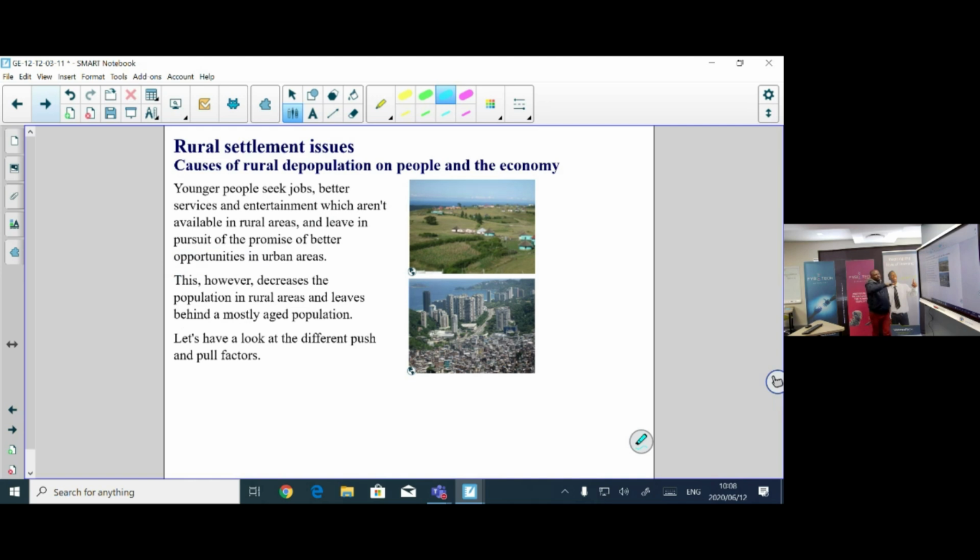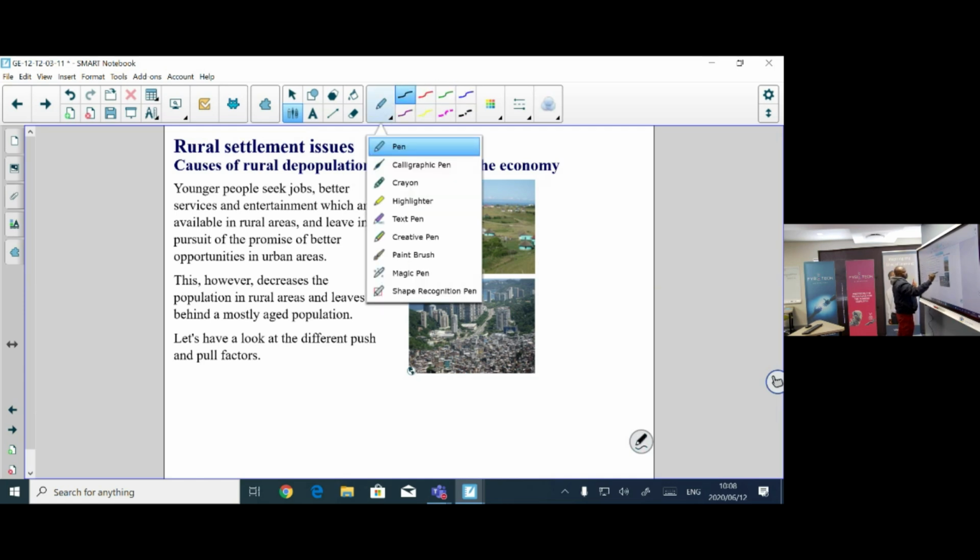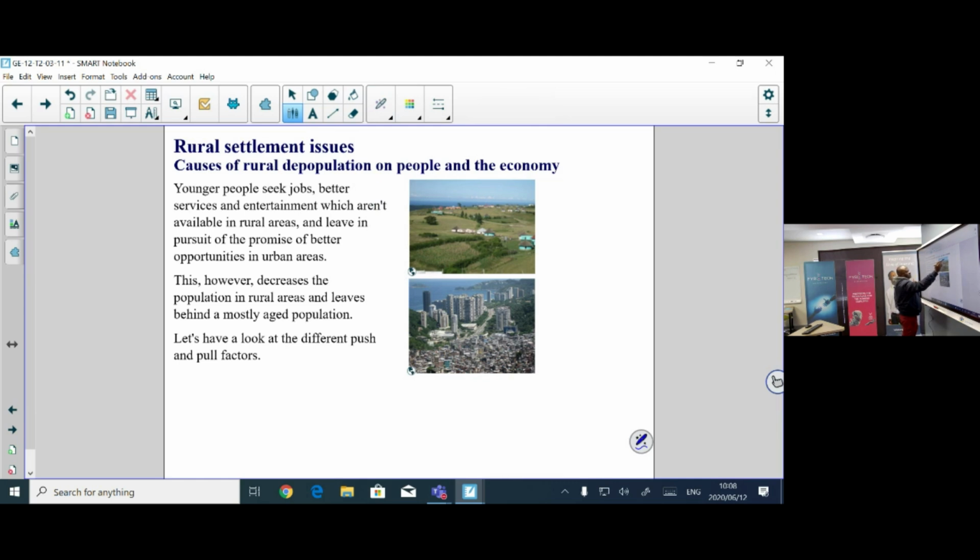We have very nice pictures here. I want you to look at these pictures. This picture here is showing us a rural settlement. You can see how it looks there.